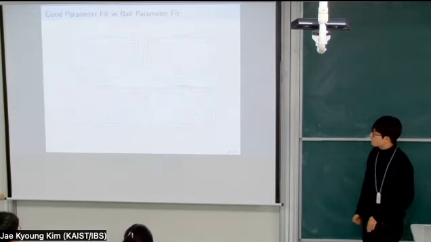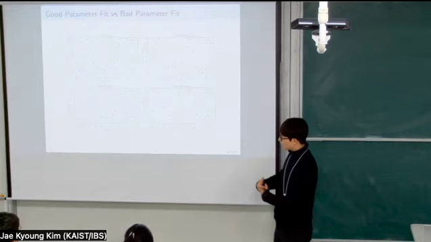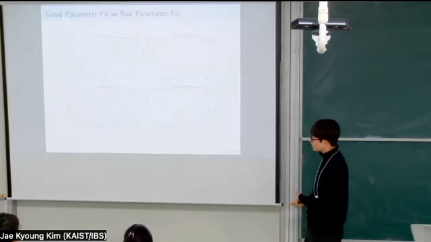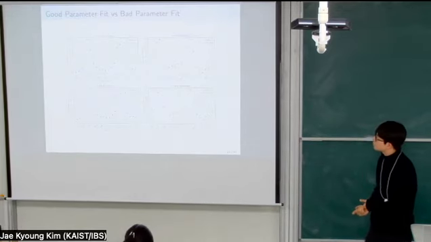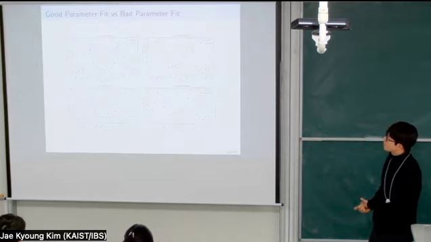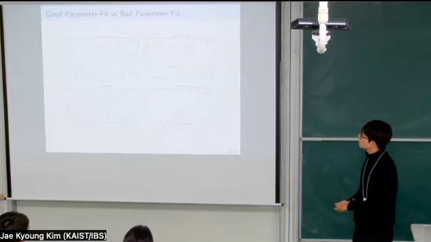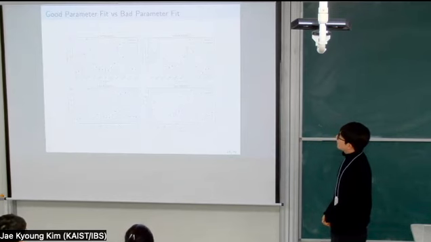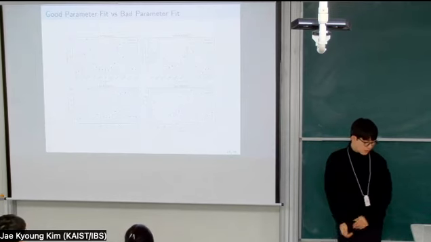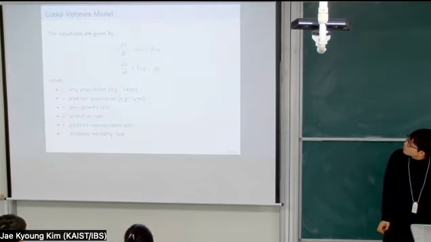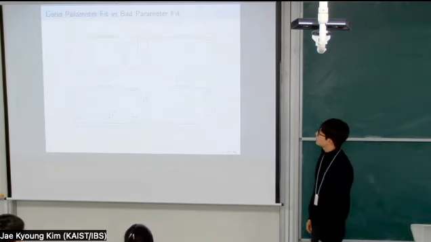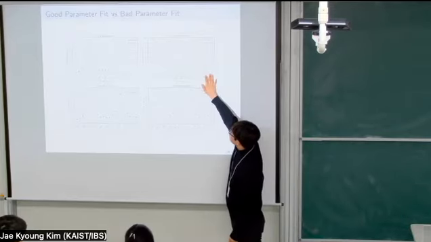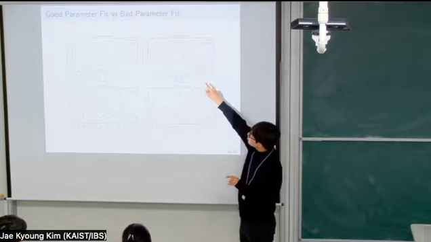So here are two different solution trajectories of the differential equation that I've just shown you, based on different parameter values. The top row shows solution trajectories of this Lotka-Volterra model based on well-chosen alpha, beta, delta, gamma values. If you choose those well, you see that the solution quite matches the data.